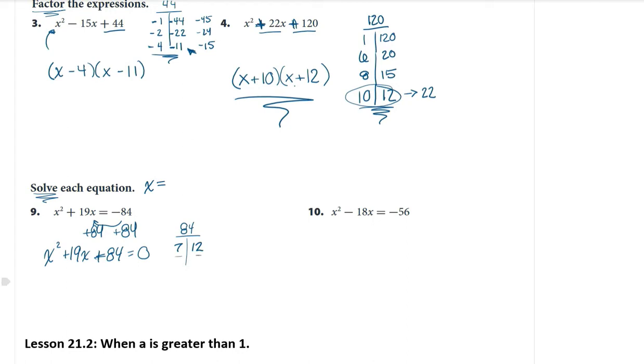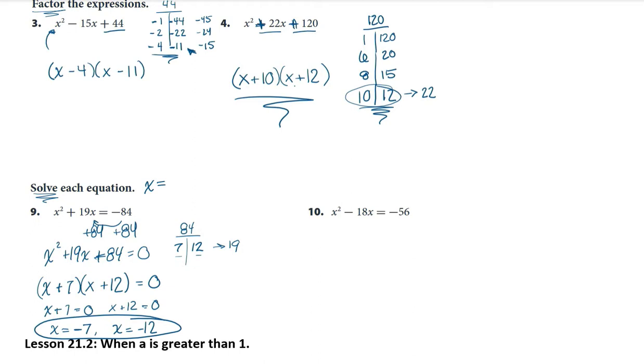So knowing that those two add up to 19, I would write x plus 7 times x plus 12 equals 0. Then to solve, you set each of them equal to 0. So you would get x equals negative 7 and x equals negative 12. So that's your final answer for that one.